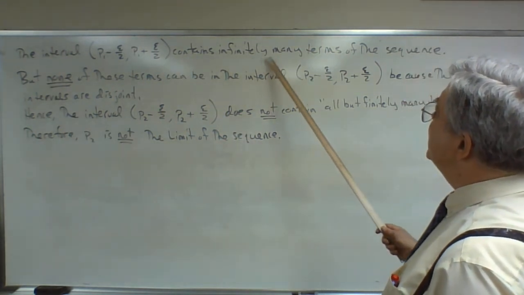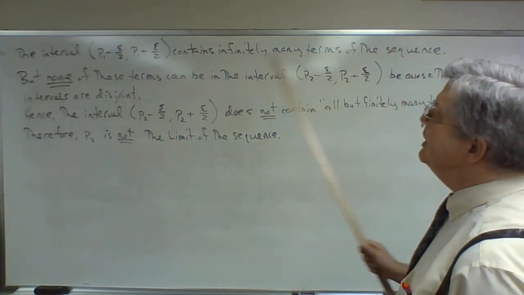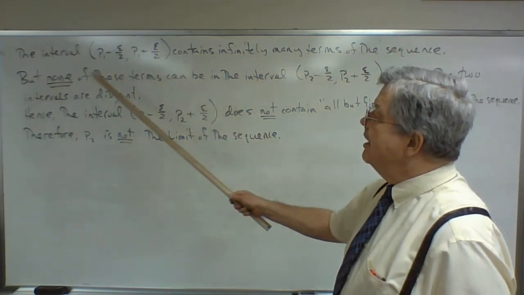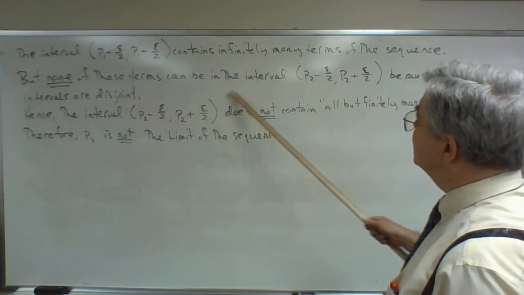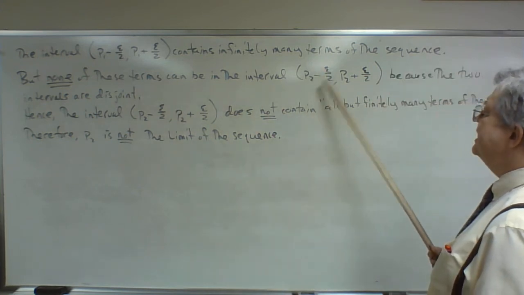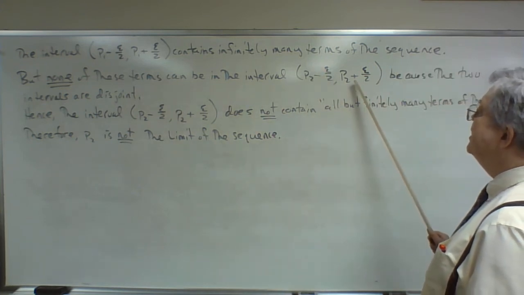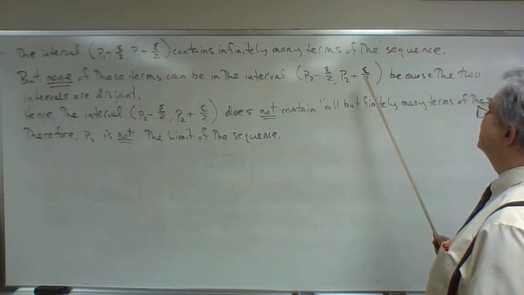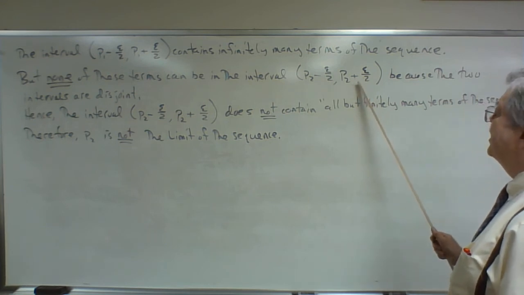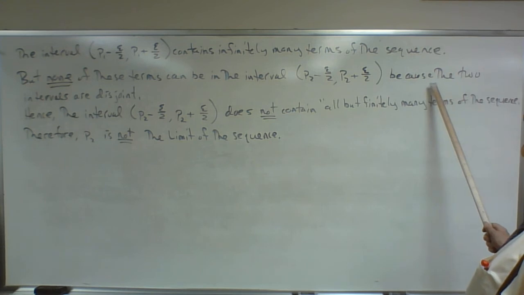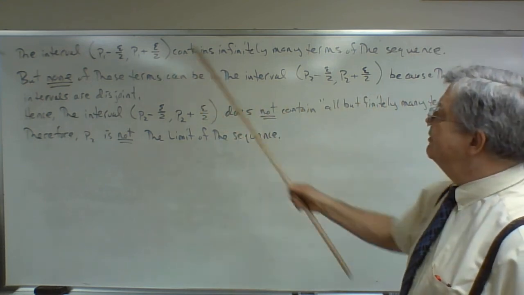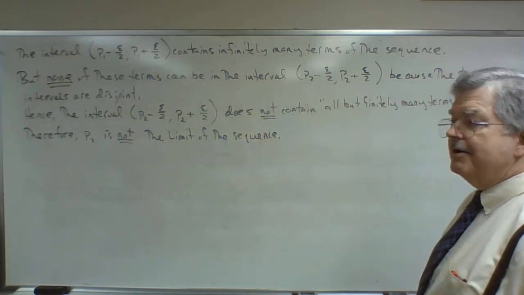This interval contains infinitely many terms of the sequence, but none of these terms can be in the interval (P2 minus epsilon over 2, P2 plus epsilon over 2), because the two intervals are disjoint.